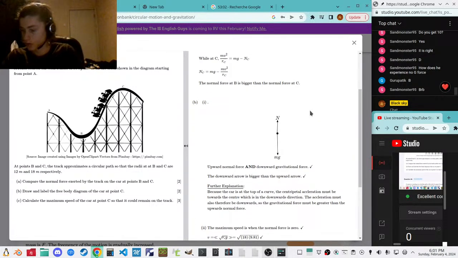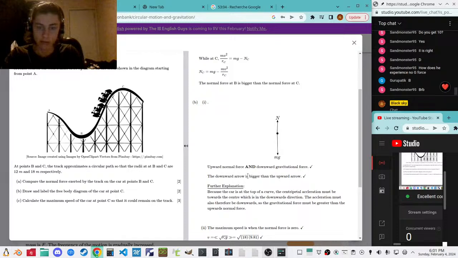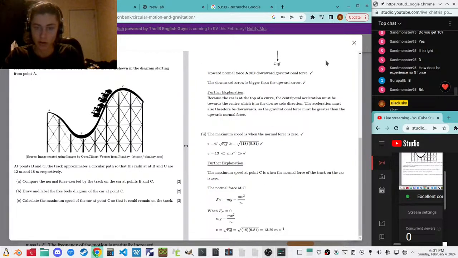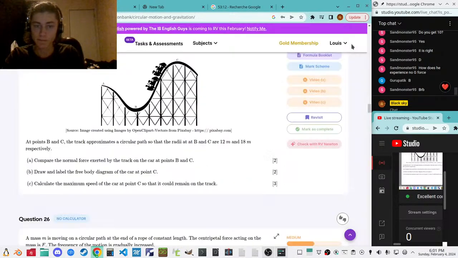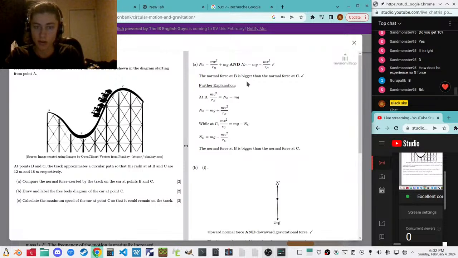Alright, you can't label centripetal. And it should be a bit bigger. I forgot. Wait, however, I didn't check. B is bigger than C.